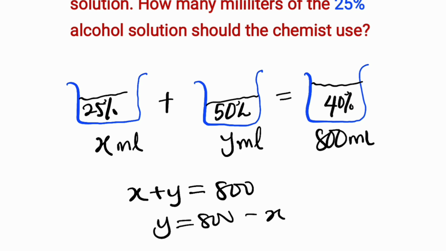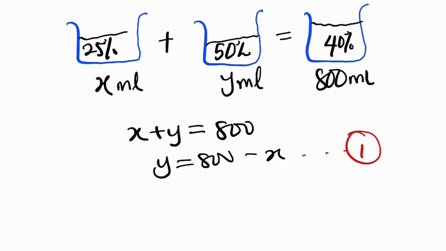Let me call this one equation 1. Let me compose equation number 2. We want 25%. What is 25%? 0.25, right? 0.25 of this x. That's what we need here. Plus, we need also 50%, which is 0.5 of this y.